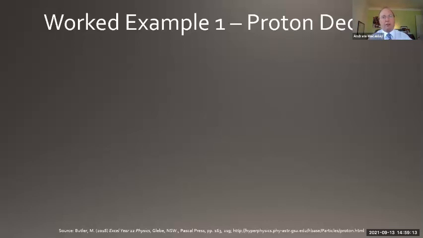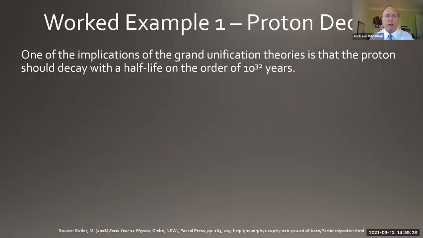Well, let's have a look at our first example for this inquiry question. And this will recall some of the formulas that we used in determining nuclear decay and nuclear reactions. So one of the implications of the grand unification theories is that the proton should decay with a half-life, get this, on the order of 10 to the power 32 years.